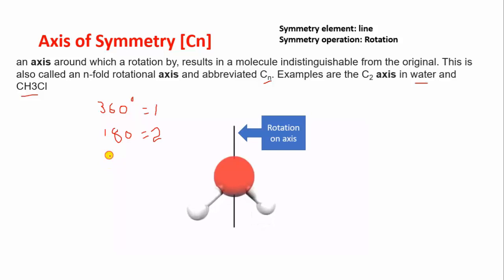If it is 120 degrees, there are three rotations. If it is 90 degrees, there are four rotations. So we can understand that at 360 it is 1-fold, at 180 it is 2-fold, at 120 it is 3-fold, and at 90 it is 4-fold.